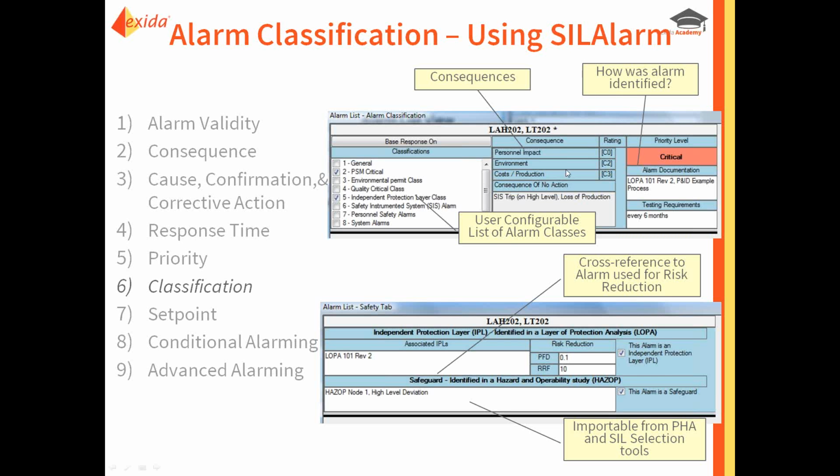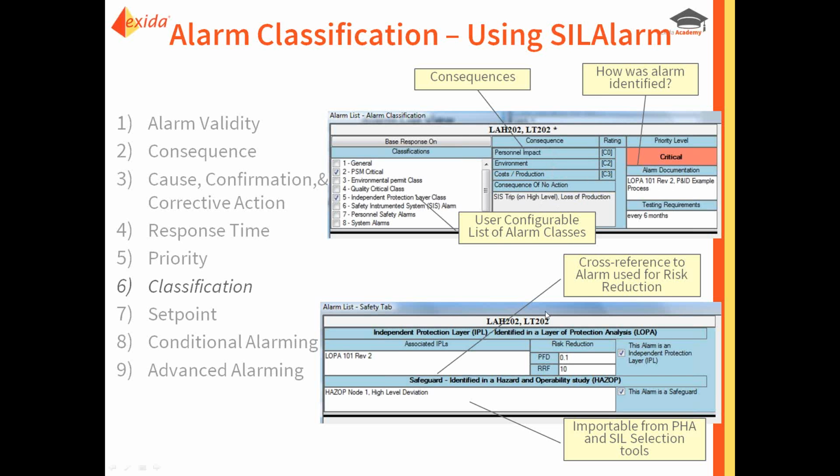To help assess the classification based on the methods that we just talked about, on this screen you are presented with what is the consequence, how bad is the consequence based on your prioritization ranking, where is the alarm identified, the documentation, and if there are any special testing requirements that come out of it as a result of the class or based on where that alarm comes from.